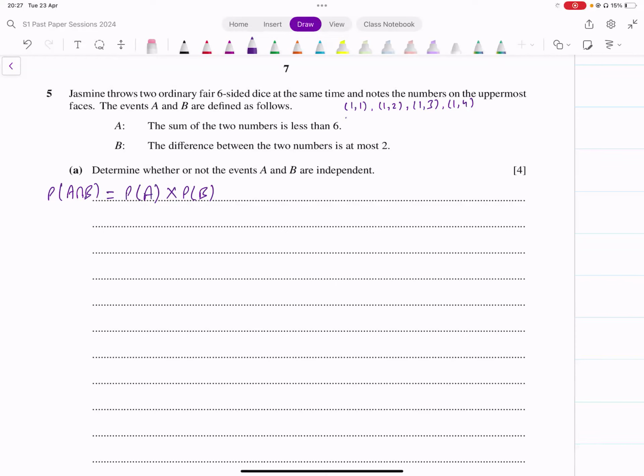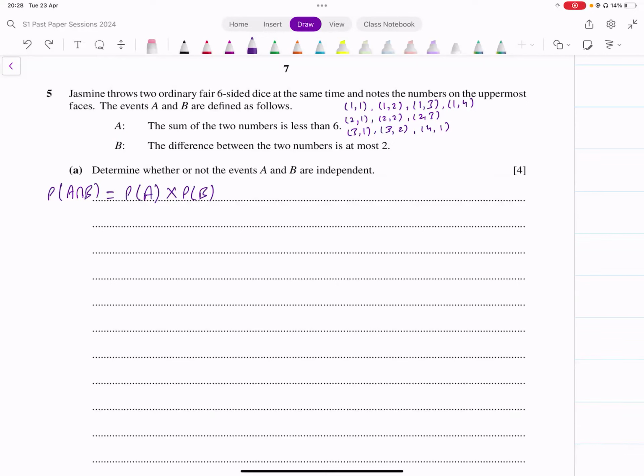Now, the next possibility could be that the first dice has 2. With 2, you could have 2, 1, 2, 2, and 2, 3. And then with 3, you can have 3, 1, 3, 2, and that's it. And then finally, with 4, you can have 4, 1. These are the possibilities that you have for event A. All right, what's that probability?